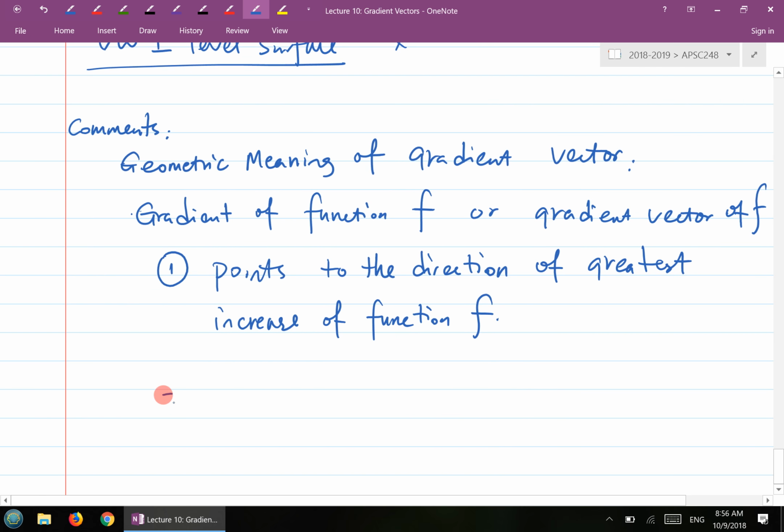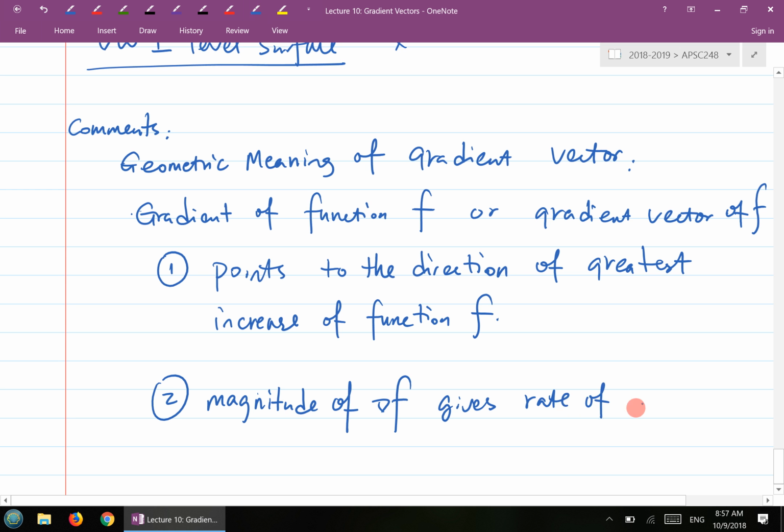The second piece of information is the magnitude. The magnitude of del f, the gradient vector, gives the rate of increase.